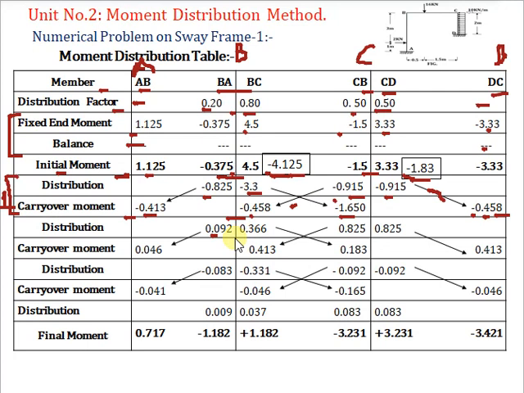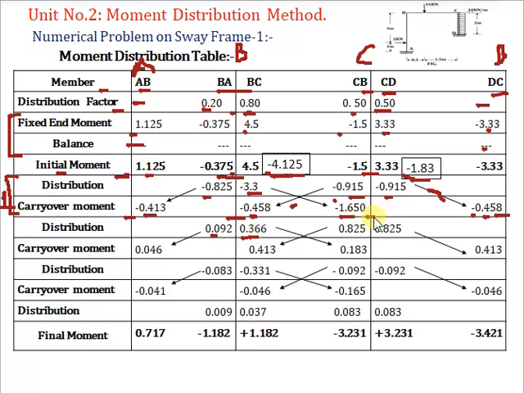Now find the distribution moment for BC. It is distribution factor 0.80 into correcting moment positive 0.458, which is 0.366.